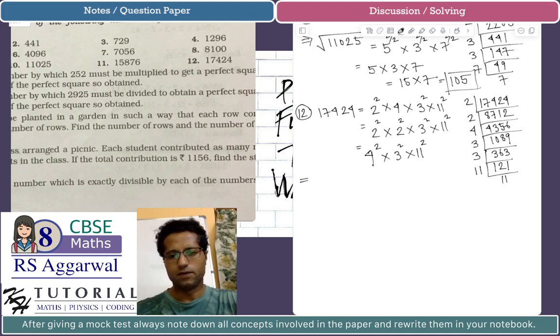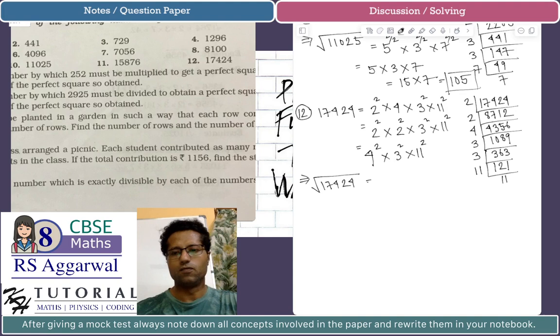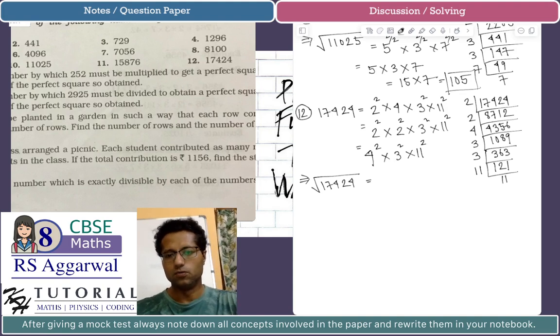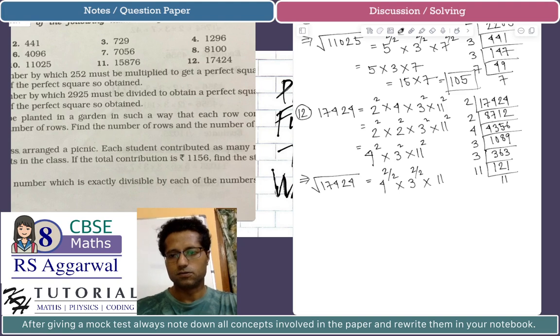So now we can say that the square root of 17424 will be equal to, I will divide all the powers by 2. So I have 4 multiplied by 3 raised to the power 2 divided by 2, and 11 raised to the power 2 divided by 2, and I get 4 multiplied by 3 multiplied by 11, that is 33 multiplied by 4, which is equal to 132.